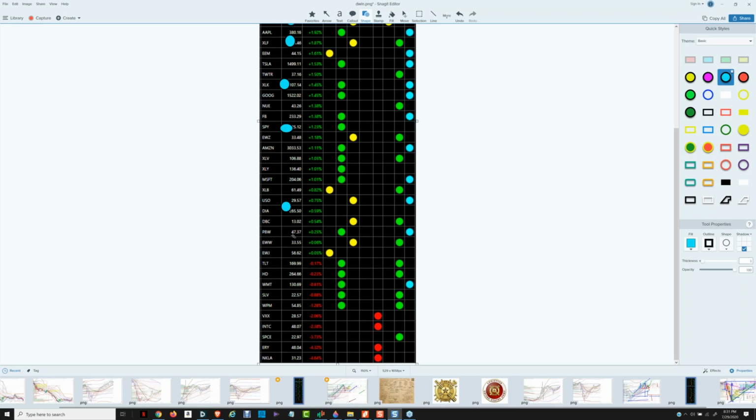The weak sectors: clean energy, Mexico, treasuries slightly into the red, and, I'm sorry, there's basic materials, healthcare, consumer discretionary.